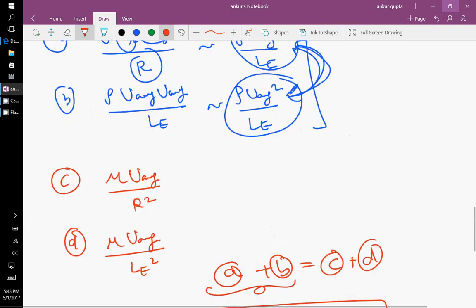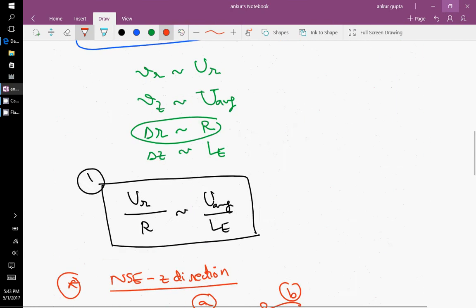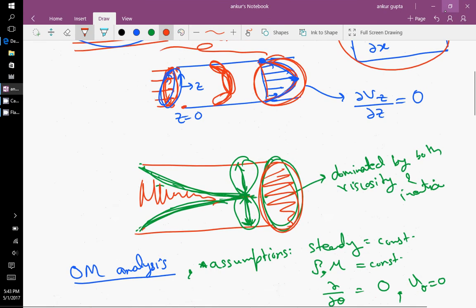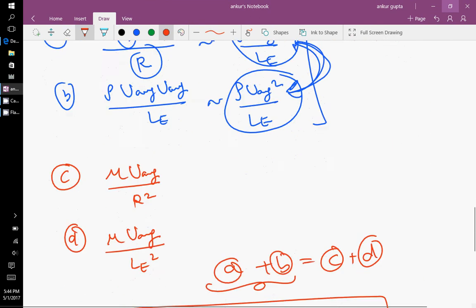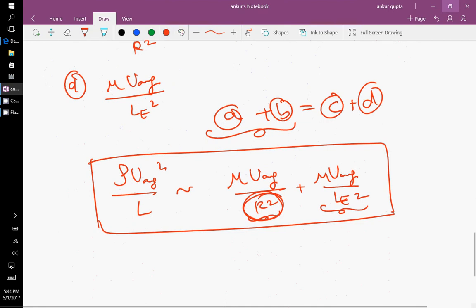Now because the flow is bounded here, our boundary layer cannot grow after one point. Our boundary layer has to grow only till the center, or till the point it reaches the radius of the pipe. And because of that, as you will see, there are some differences between the other analysis.